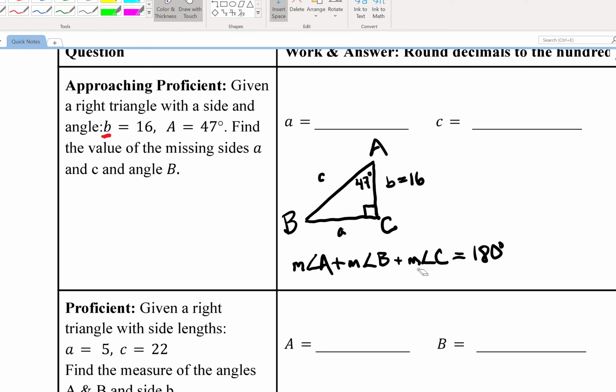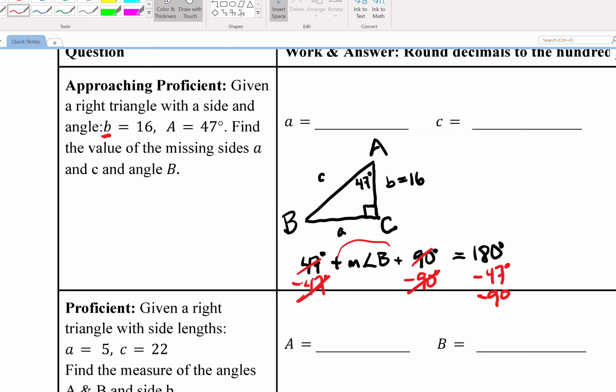But we know that the measure of angle C is 90 degrees. And we know that the measure of angle A is 47 degrees. So if I subtract 47 from both sides of the equal sign, that would cancel those. And then if I subtract 90 from both sides of the equal sign, that would cancel those.